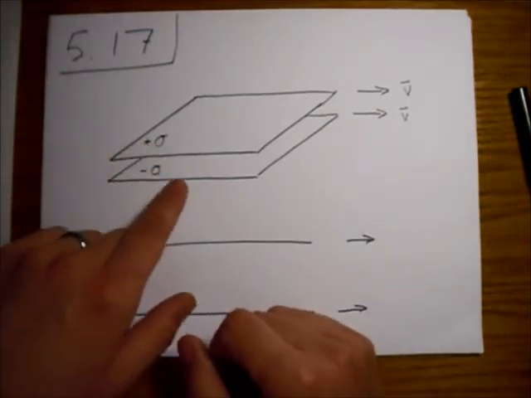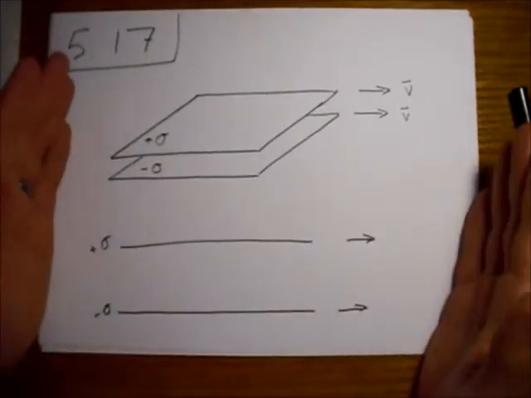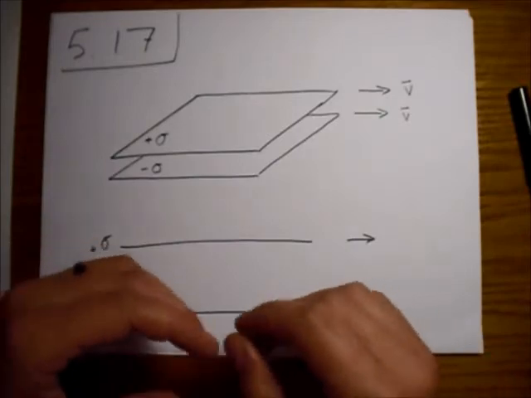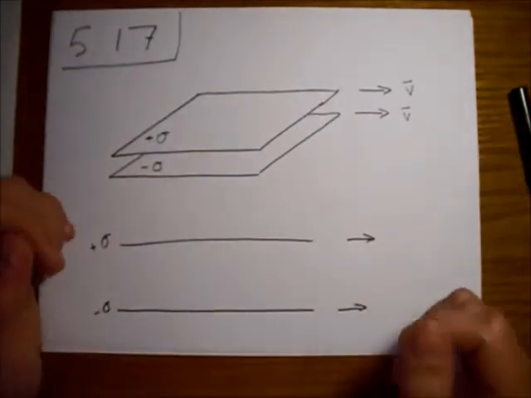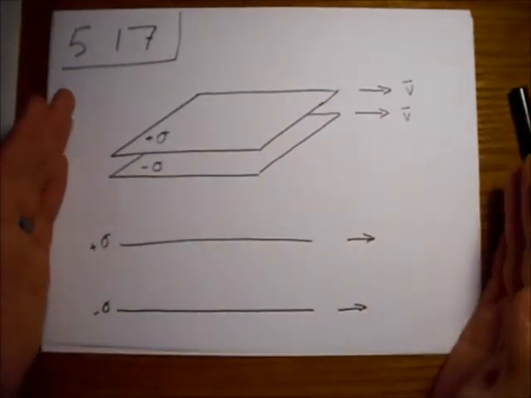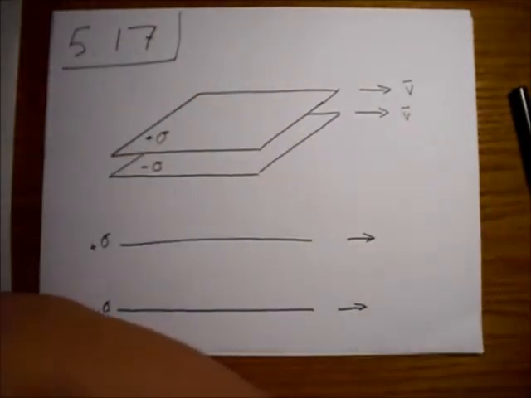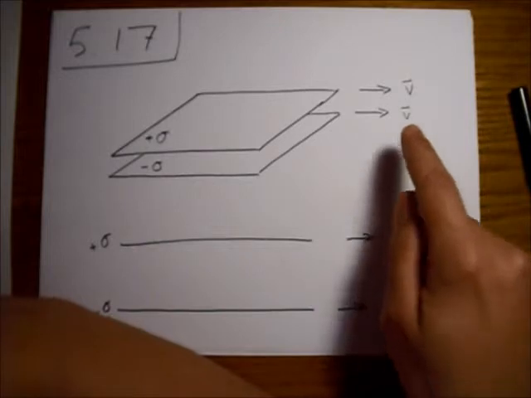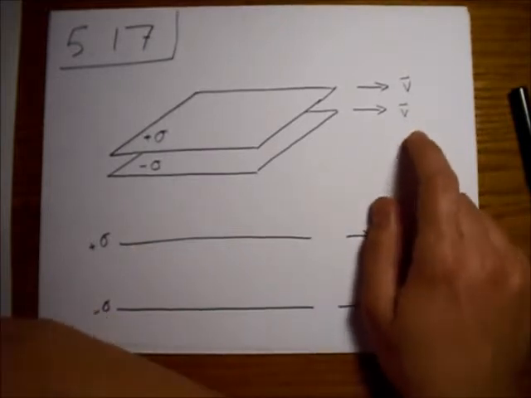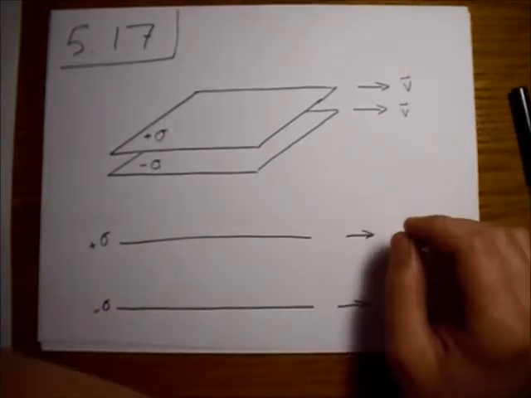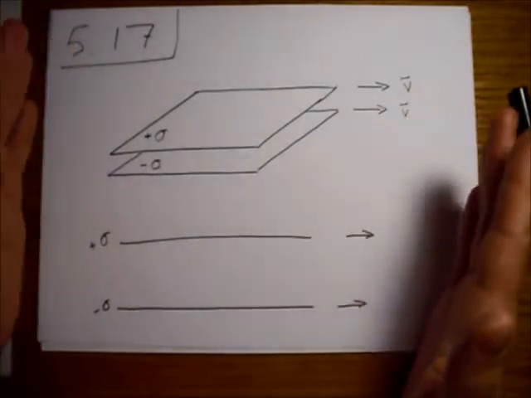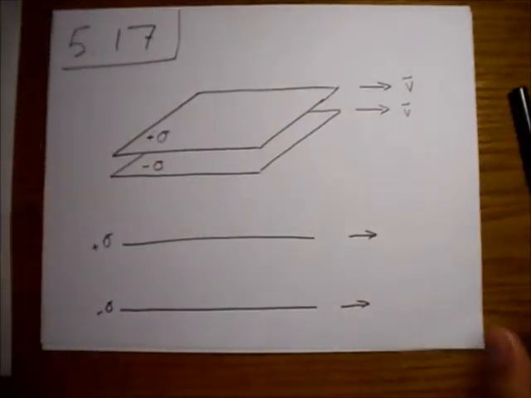But because they're oppositely charged electrically, they're going to attract each other. So magnetically they're repelling, and electrically they are attracting. And the question is, how fast do they need to be going for these two forces to balance each other so that there's no net force on the plates?